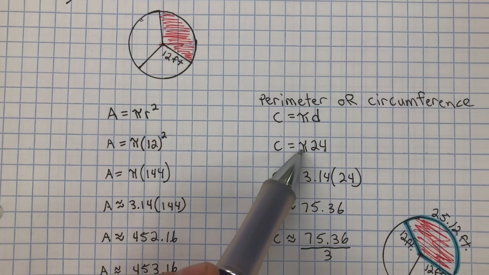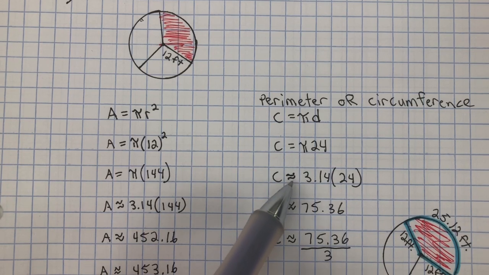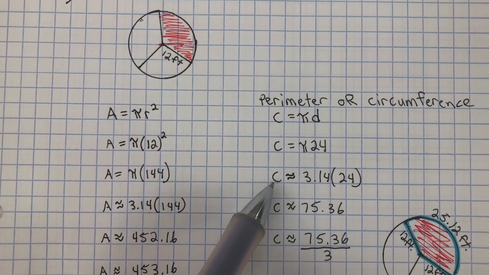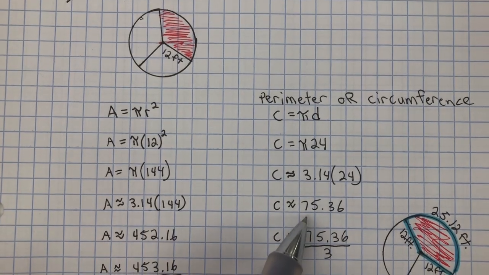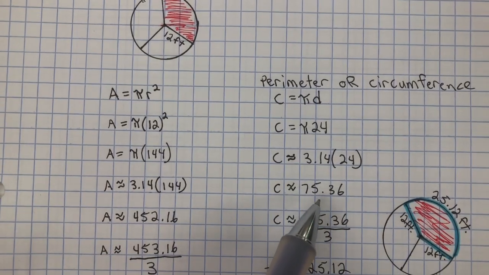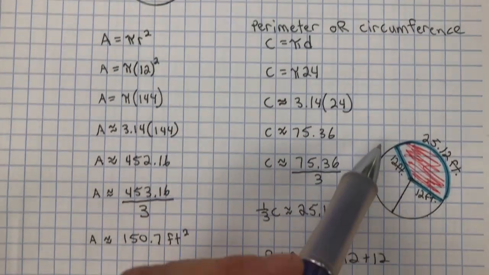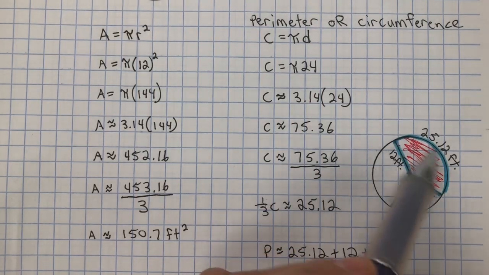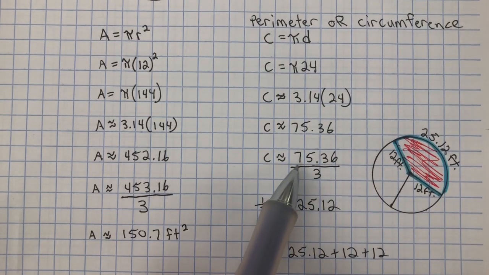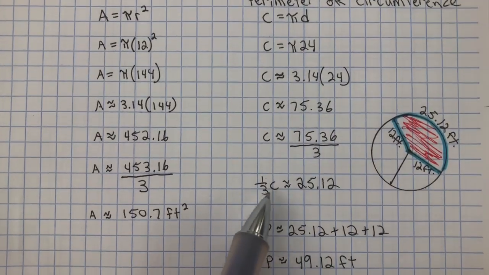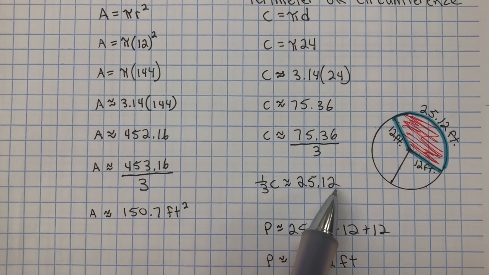Now I'm going to approximate pi as 3.14, and that's why I have the approximation symbol. 3.14 multiplied by the diameter, 24, is approximately 75.36. So I found the circumference of the circle, but I only need this arc, 1/3 of it. So I divide it by 3. So 1/3 of the circumference is approximately 25.12.